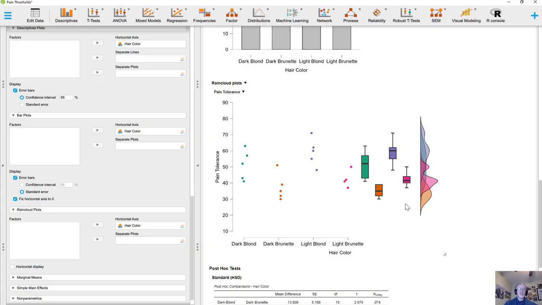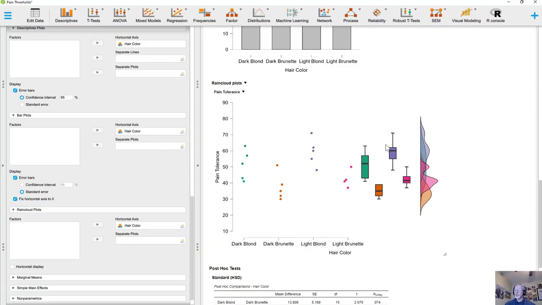That is, it's reducing the likelihood that we're going to make a false positive. Type 1 errors are a false positive. It's reducing that for us. That's what we want it to do.